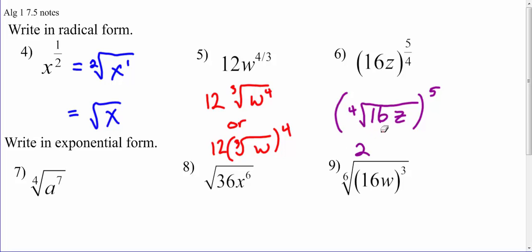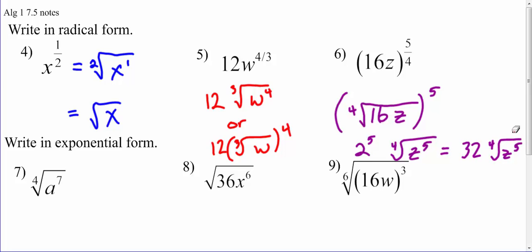So really what I have here, I'm going to separate this. I'm going to have 2 to the 5th, and I'm going to have the 4th root of z to the 5th. And I can do one more step of simplification. 2 to the 5th is exactly 32. We just saw that on one of the previous problems.